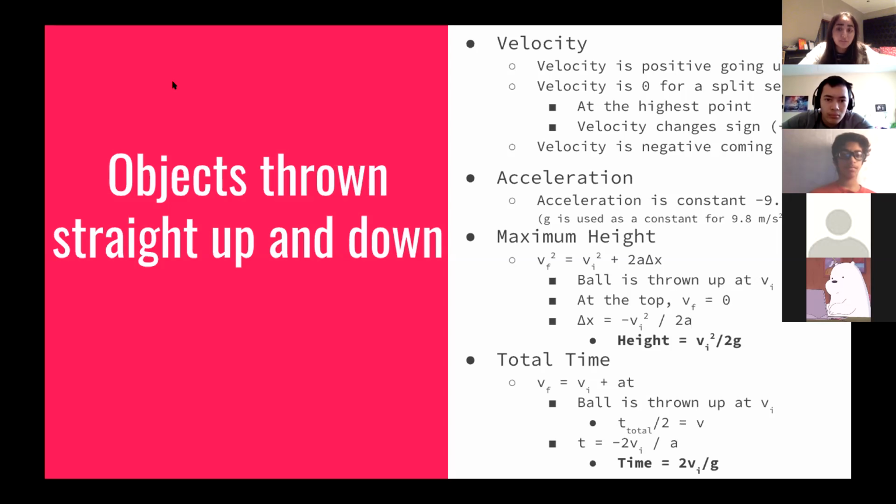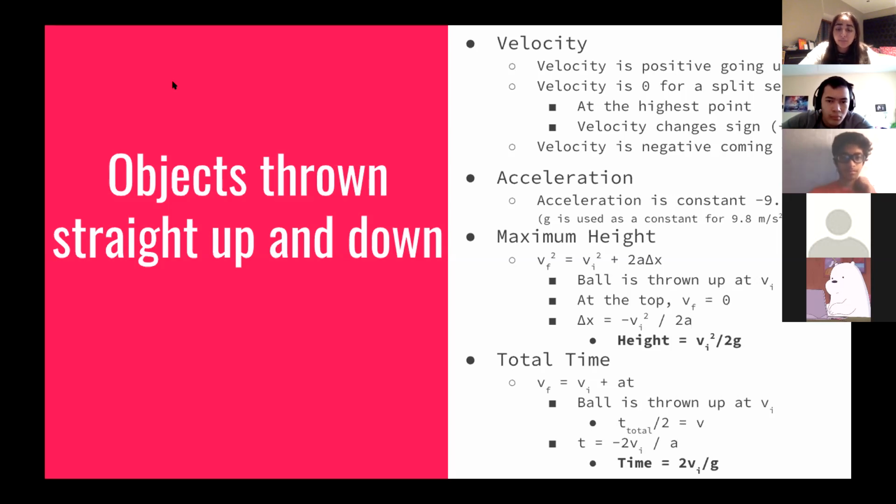Therefore, the final velocity of the situation is 0. When we solve for the change of x, plugging in final velocity as 0, we get that the change of x is equal to negative initial velocity squared divided by 2 times acceleration. As I mentioned earlier, a lot of times we replace negative a with g. That helps simplify the equation and also reminds us that it is a constant.